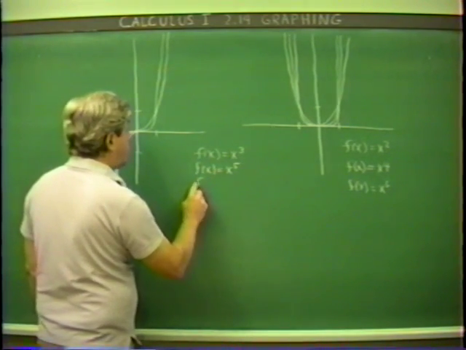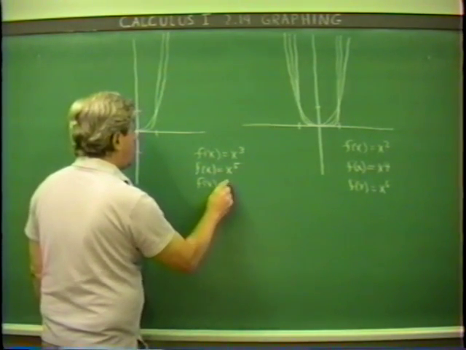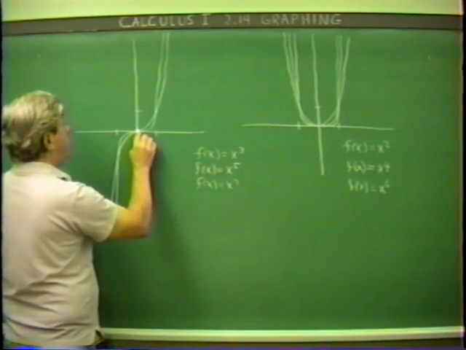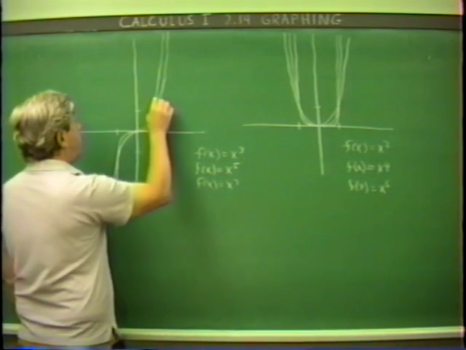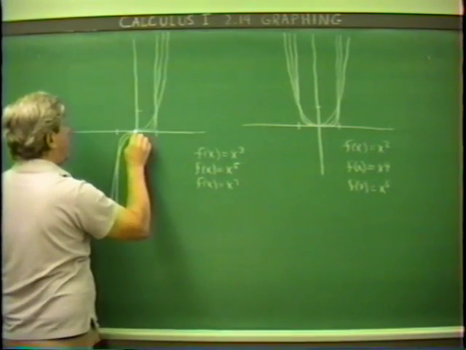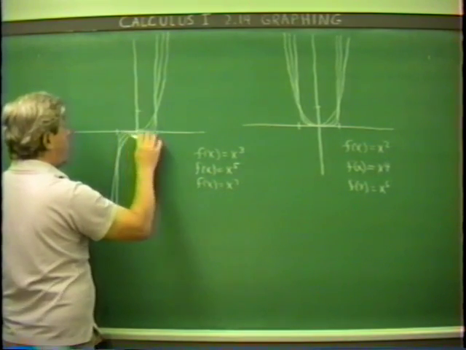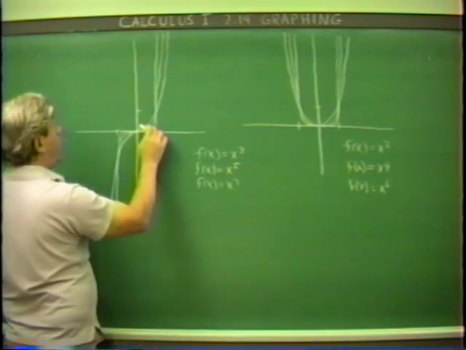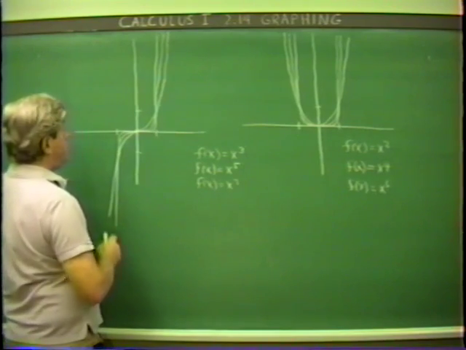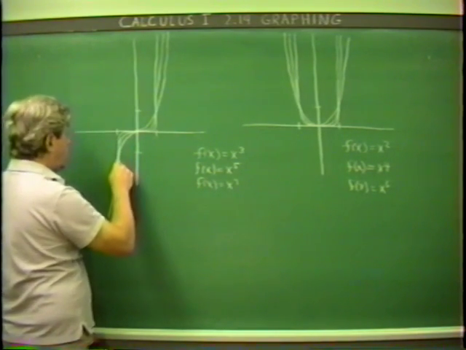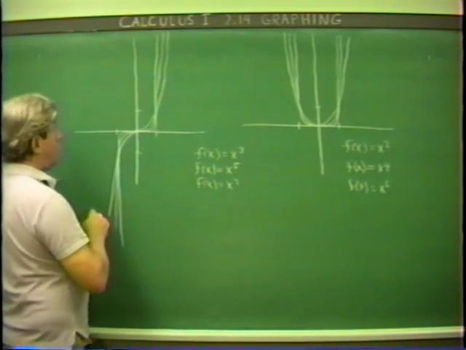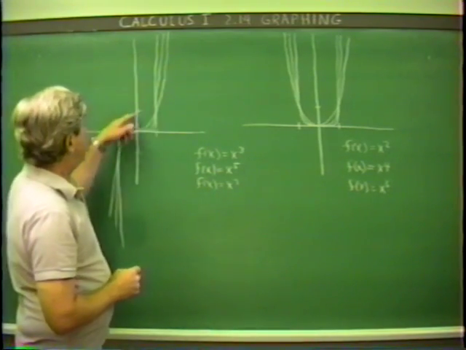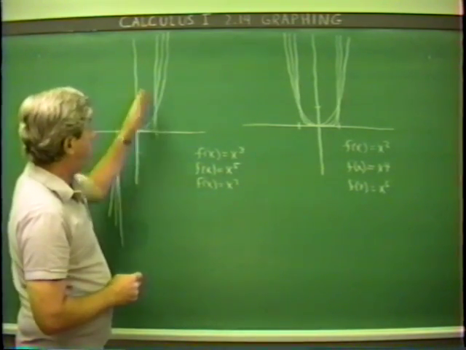F of x equals x to the 7th. Similar picture. And all the odd powers of x, they're closer to the x-axis between 0 and 1, and then they're larger when x is larger than 1 than the previous odd power. So the third power, fifth power, and seventh power.